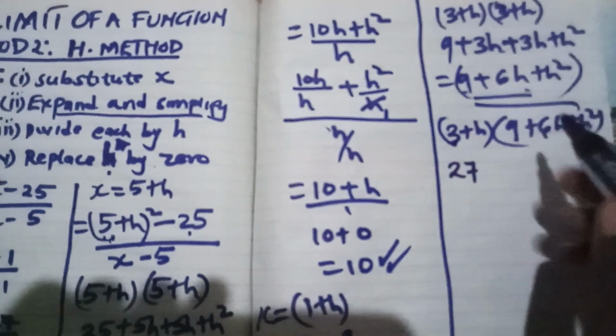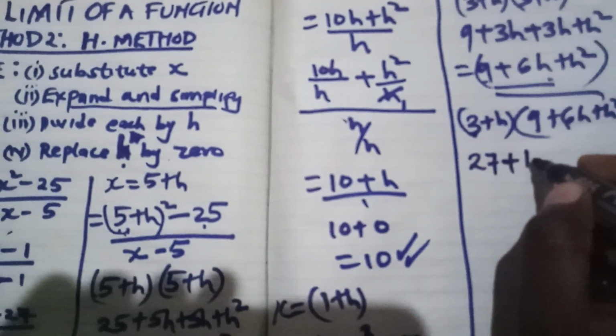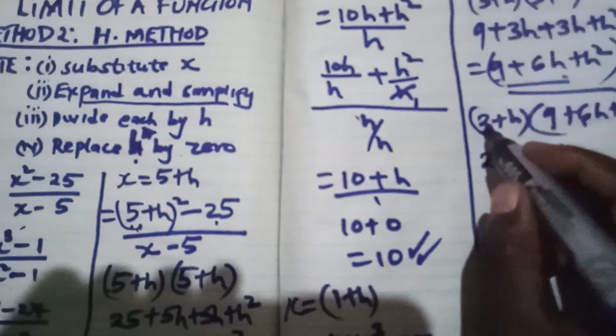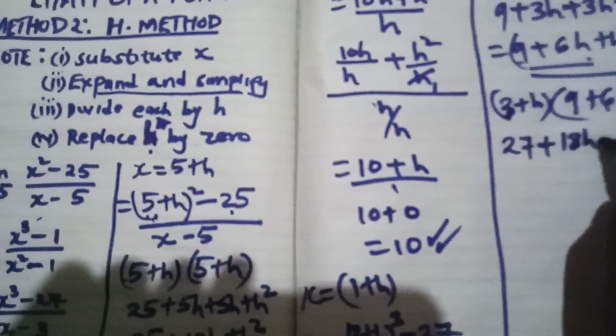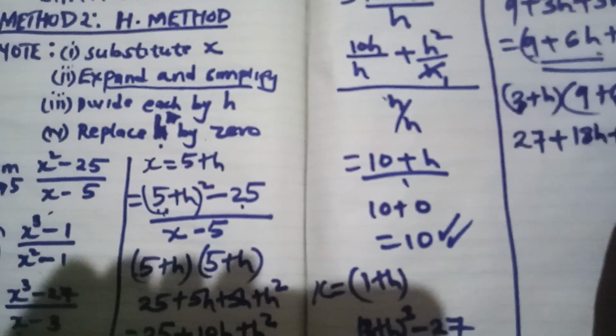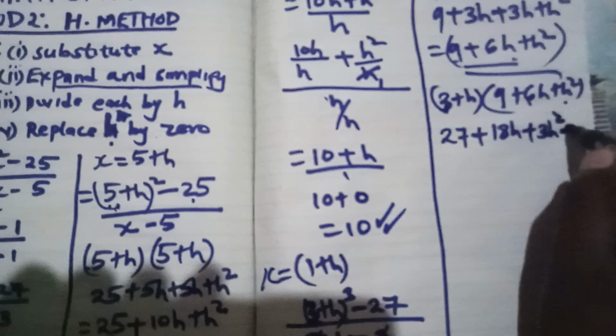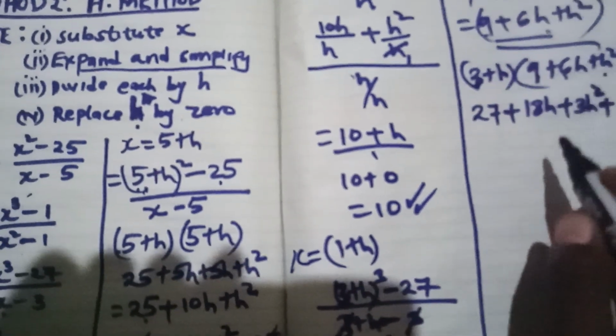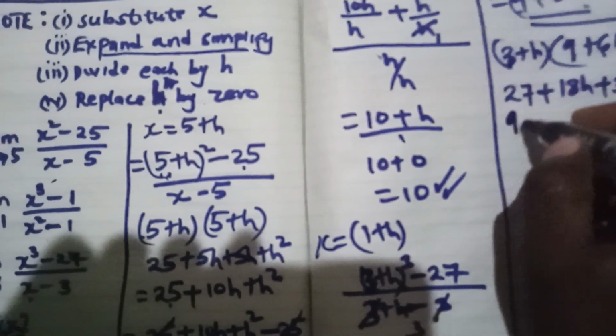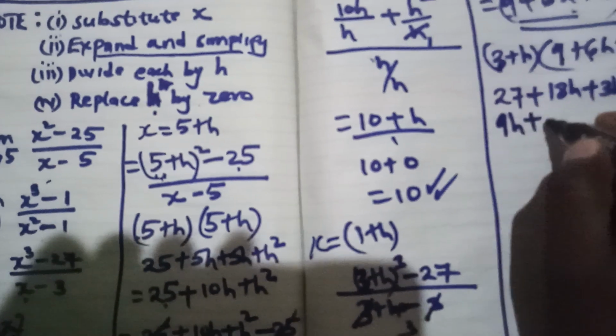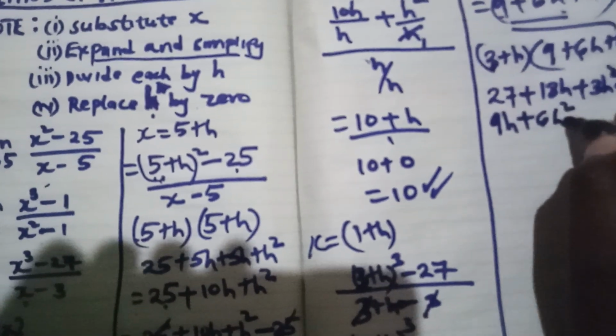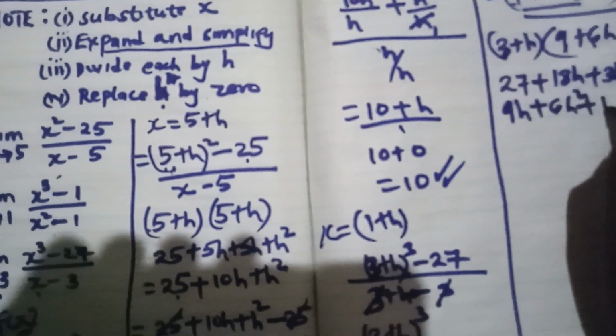This one times this one is going to be 18h. This one times this one is going to be plus 3h squared. We have to add this one plus this one, which is 9h plus 6h squared plus h cubed.